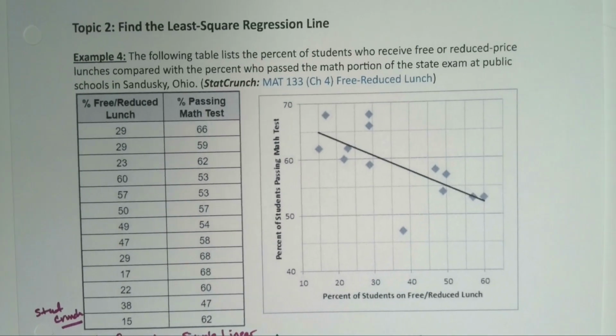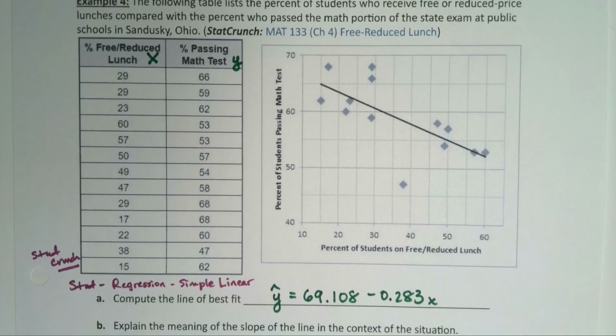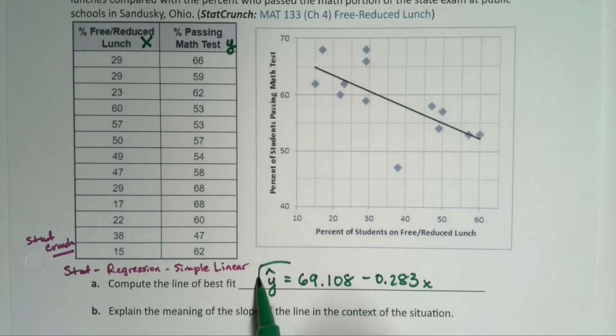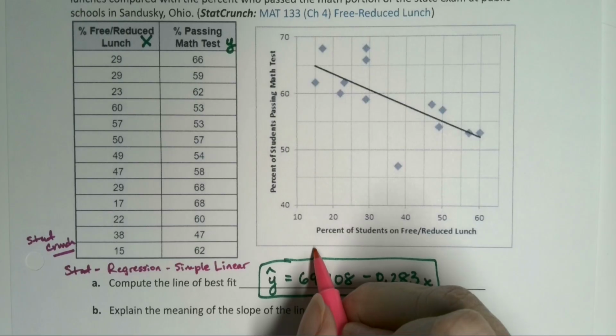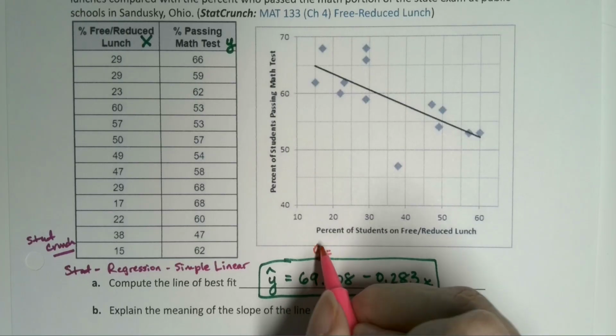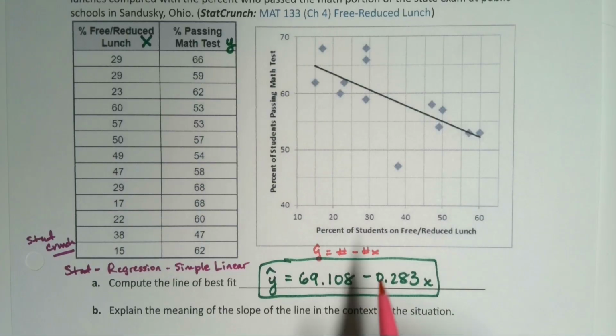Okay, so let's make some notes to ourselves. This is x, this is y, right? And so then when we go here, we write the equation. It has to be in a form that is y, well, y hat equals a number minus a number x, or a number plus a number x, something like that. There should be two numbers and an x and a y hat when you write this equation.